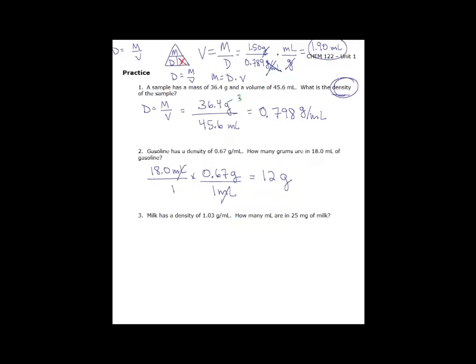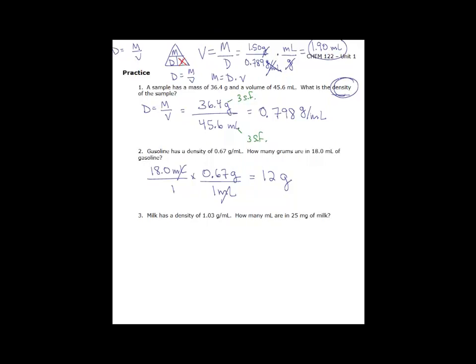This has 3 sig figs. This has 3 sig figs. So your answer cannot have more than 3 sig figs. So that's how we came up with 0.798. And then the units are grams per milliliter. So you need to make sure you put the units on this.